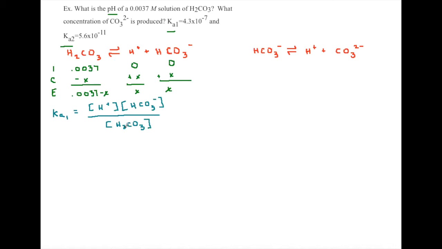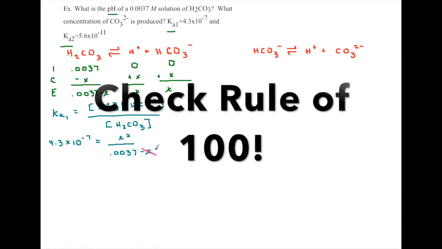So I'm going to plug in all my values now. 4.3 times 10 to the negative 7th is my Ka1, equal to X squared, because it's hydrogen and HCO3- concentrations, which both are X, over 0.0037 minus X. Since my Ka is so small, I'm going to ignore this X for right now.